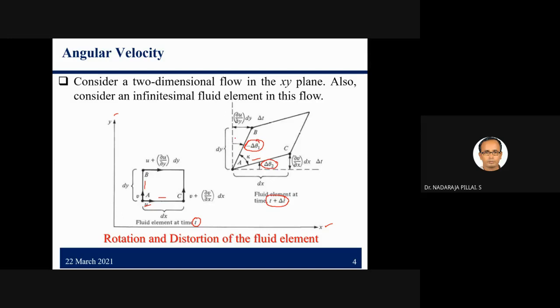I consider the clockwise as negative and counterclockwise as positive. So please note this, then only we can do the derivation. So AB makes an angle minus del theta 1, and similarly AC makes an angle del theta 2.